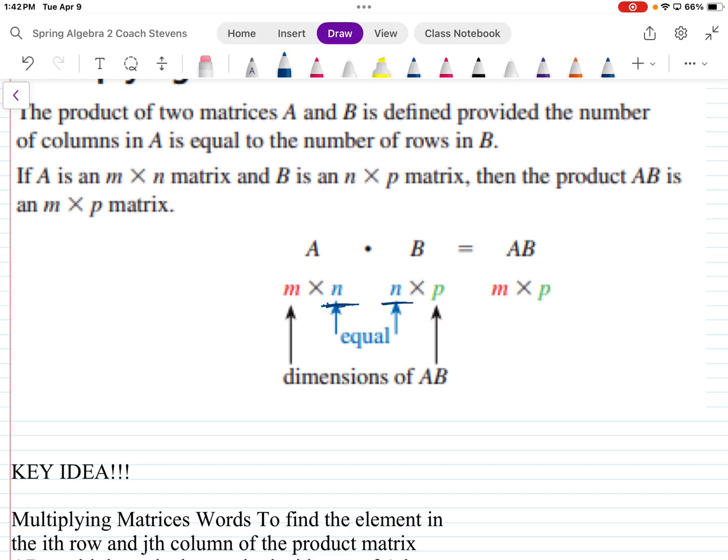As I look at my rows, columns, and then my columns, rows for this one, they have to be the same number. If they are not the same number, then I cannot multiply the two together. My final answer ends up being the outer dimensions, which create my answer matrix.